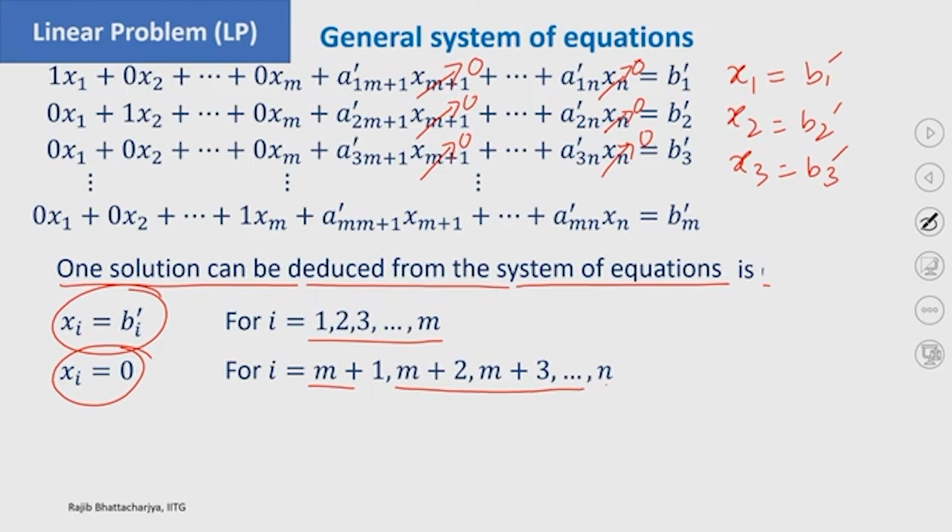So this is one possible solution. This solution is called a basic solution. So what is a basic solution? Already we have discussed that for the non-basic variables we set them equal to 0, and for the basic variables x i equal to b i.